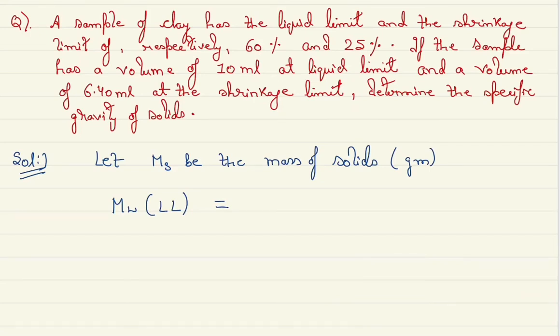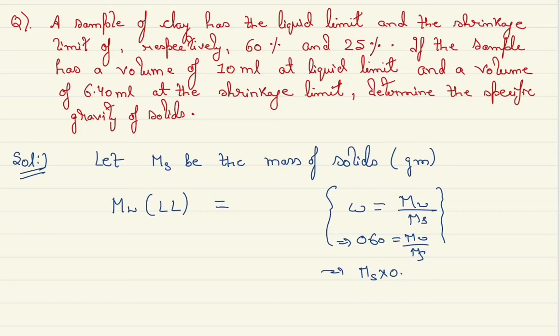Liquid limit is a water content, and we know water content is mass of water by mass of solids. This liquid limit has been given here as 0.60, that is 60%, is equal to mass of water upon mass of solids. So from here we can say that mass of solids into 0.60 is the mass of water. That is what I am asking.